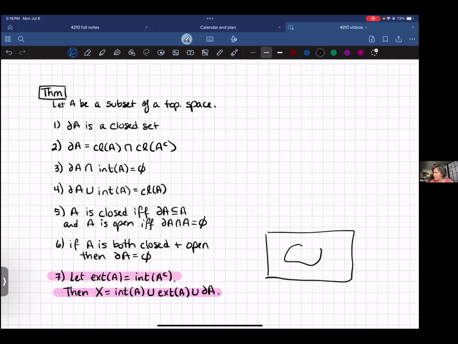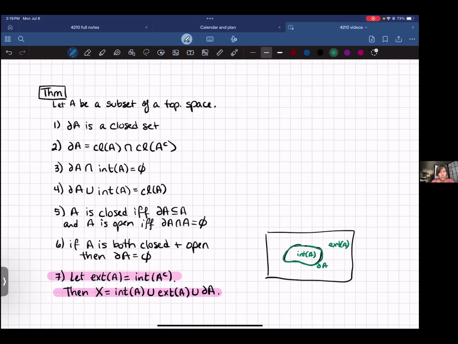Here's my set A. The interior is the part that's inside A. The exterior is the part that's outside A. And the boundary is the edge of A. This says that every space can be split up into these three parts: the inside, the outside, and the wall. And that's true no matter what A is.